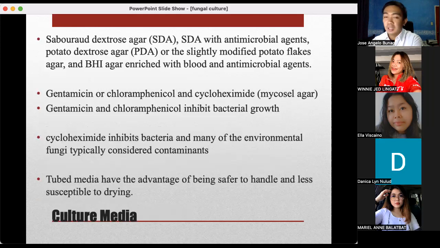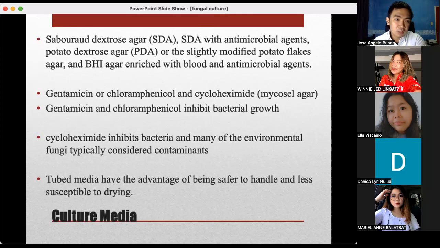Okay, so for culture media, basically po, we do use your SDA as the primary culture media. Kasi ang SDA natin is considered to be a general purpose isolation medium with a pH of 5.6 that could inhibit bacterial growth. Pero we could add mga antibiotics such as gentamicin and also your chloramphenicol.